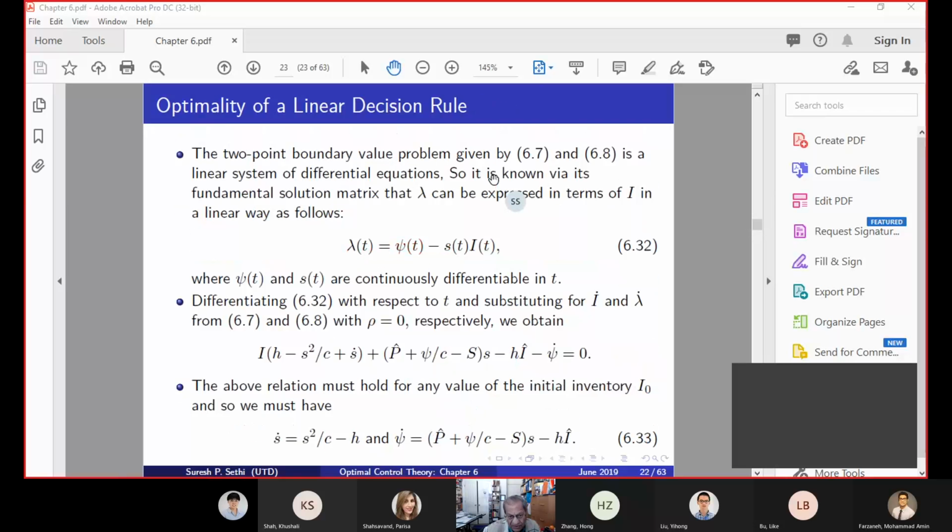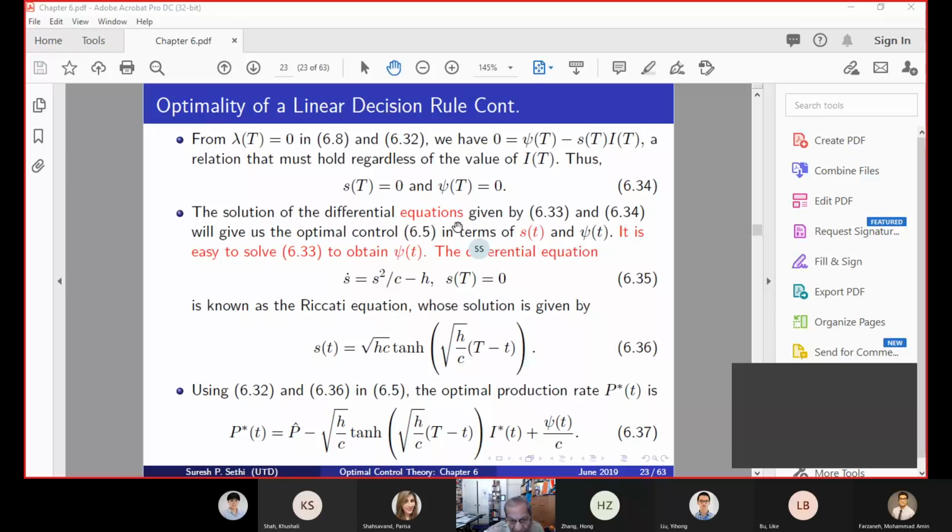Given these two conditions and those two differential equations, we can solve what is called a Riccati equation. The Riccati equation is well known in linear quadratic problems, where you have S dot on one side and an S squared term on the other side. Its solution is given by this formula.